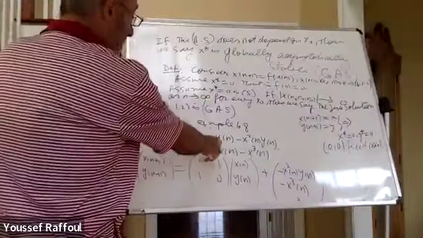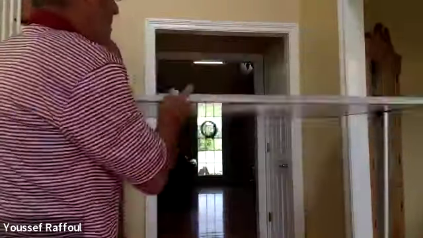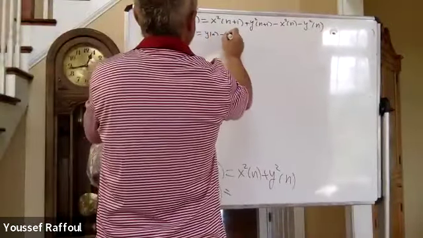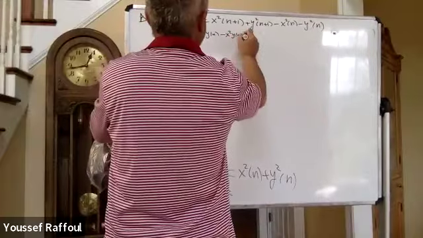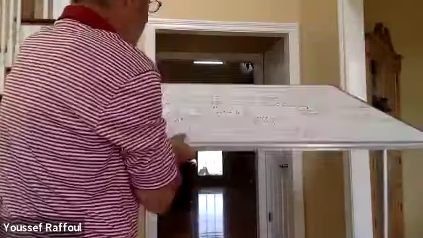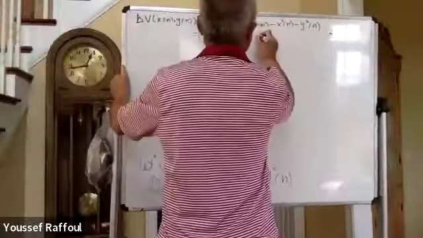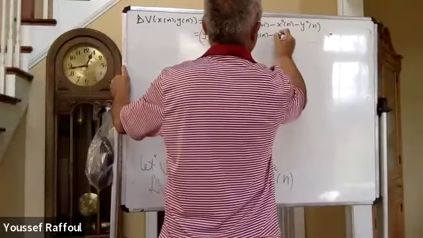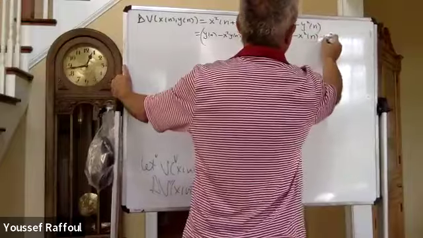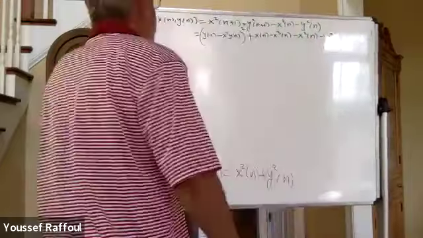Now, x_{n+1} is this one, so y_n minus x squared y_n, squared, plus y_{n+1} squared, x_n minus x cubed, minus x squared of n minus y squared of n.